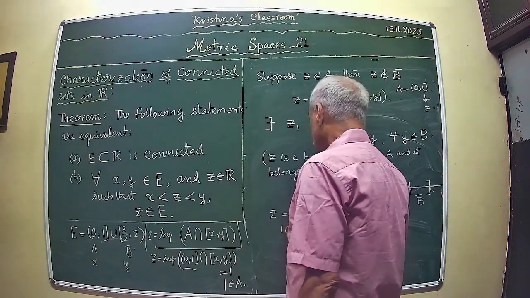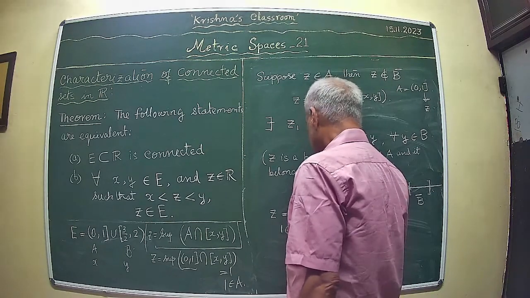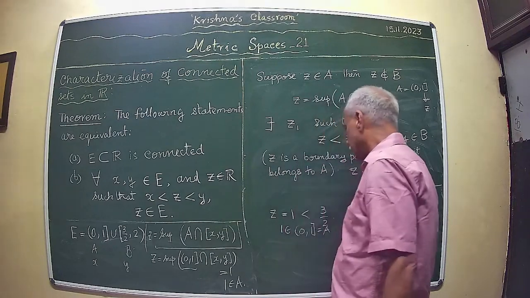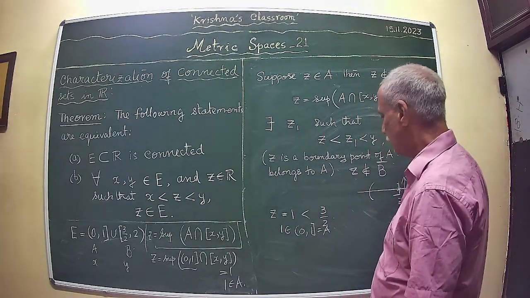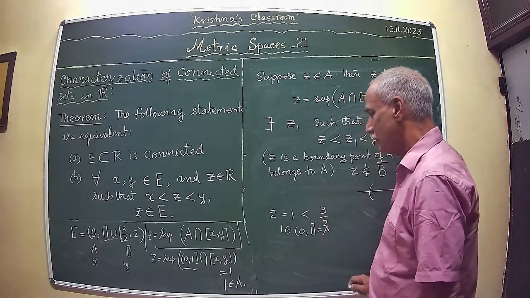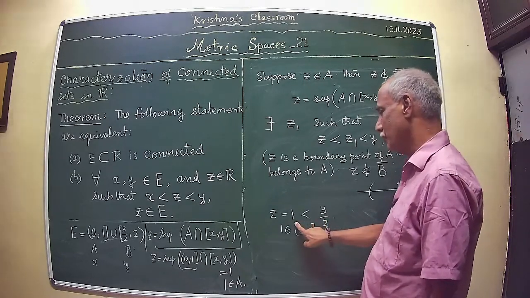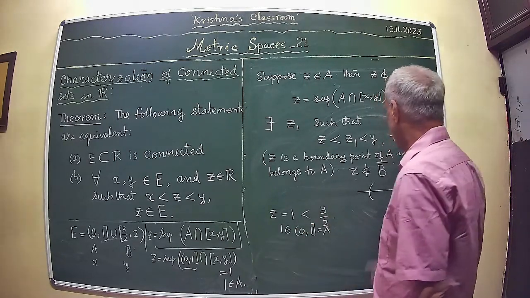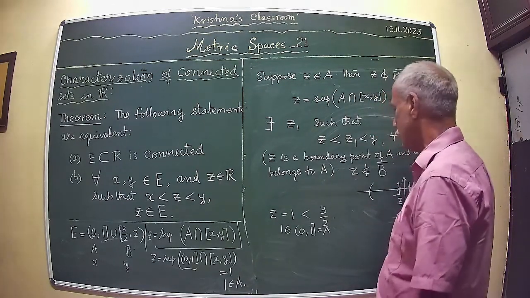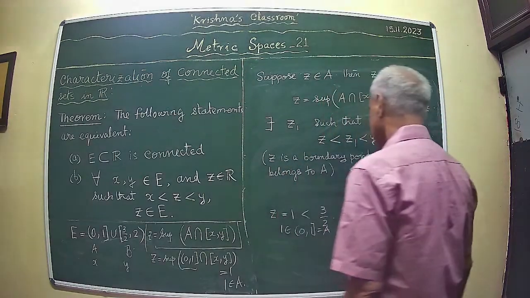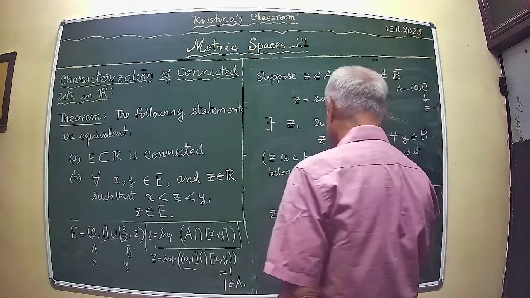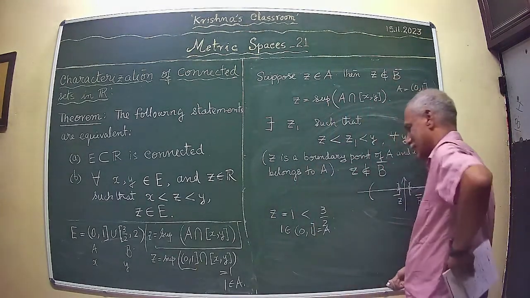So 1 belongs to A, which is equal to A in this case. Okay. Therefore, 1 is not the required element. We have to search for other elements. And because of this condition, Z does not belong to B closure, shows that there is some element in between Z and this 3 by 2. It is easy to understand.